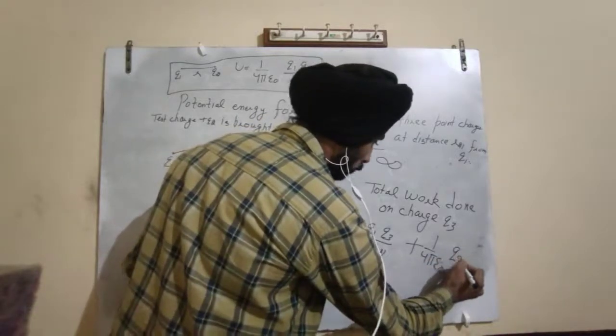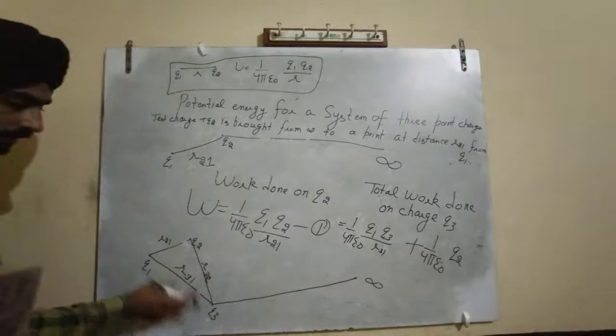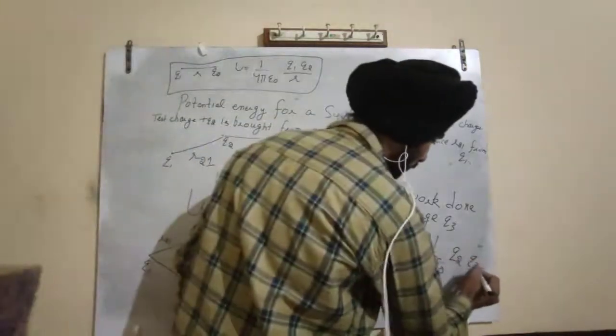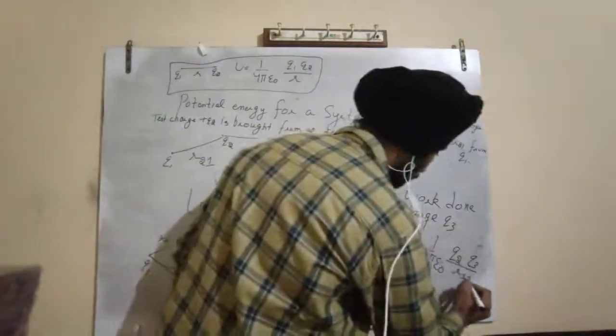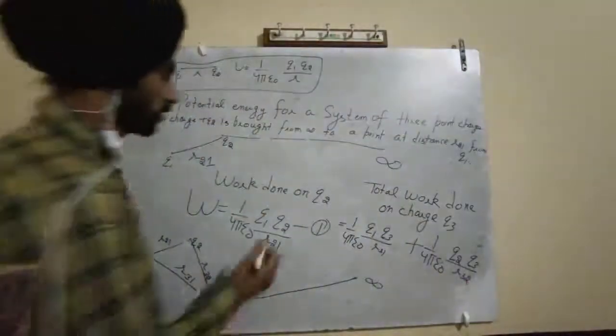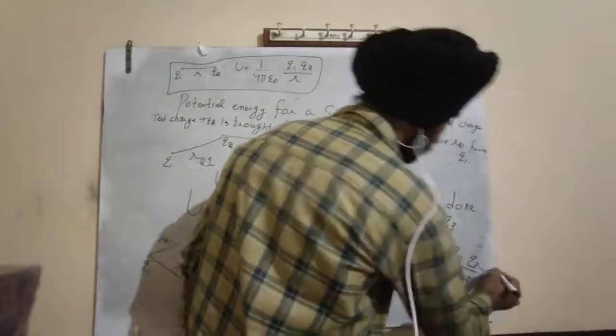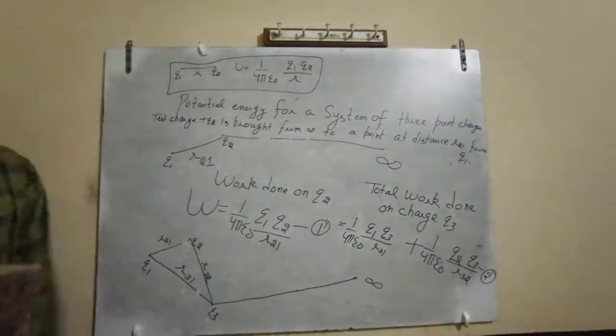Q3 Q2 की रिपल्शन के अगेंस्ट कर रहे हैं, तो किस पे कर रहे हैं Q3 पे. कितनी दूरी पे लेके आ रहे हैं Q2 से, R32. मतलब two work will be done. This is equation number 2, and this is equation number 1.